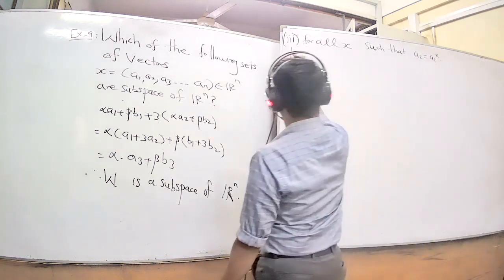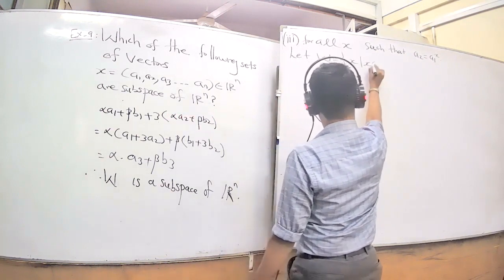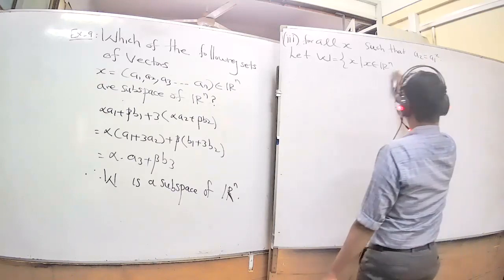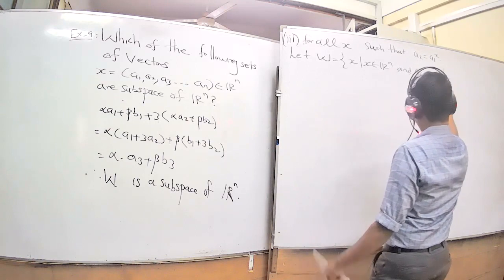Same idea again. Let W be the set of x belonging to Rn such that a2 equals a1 squared.